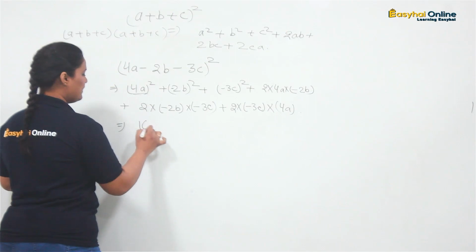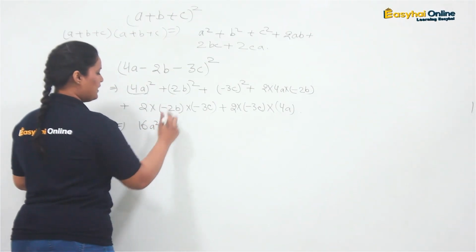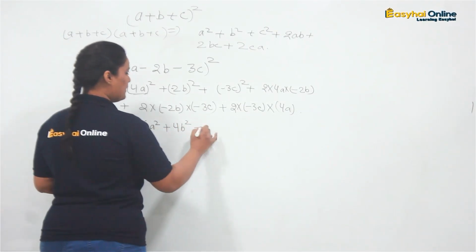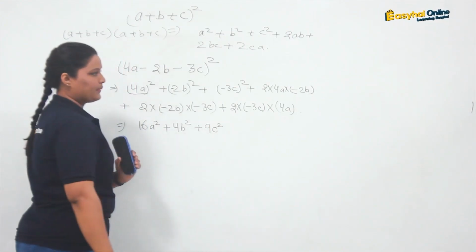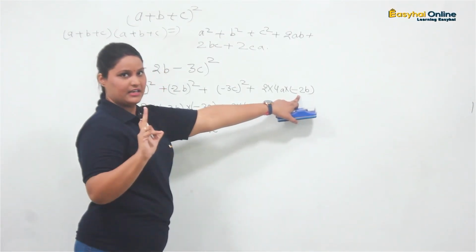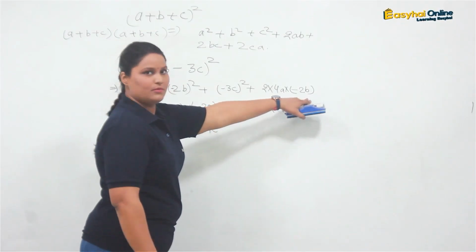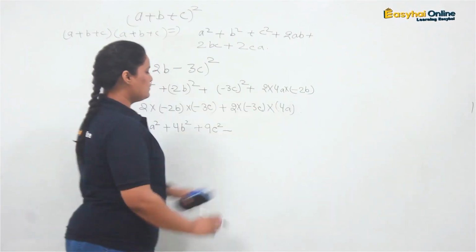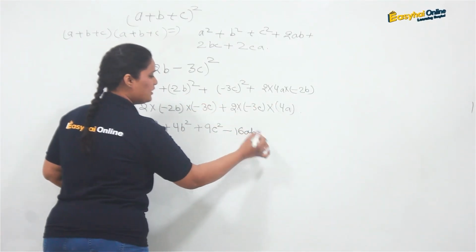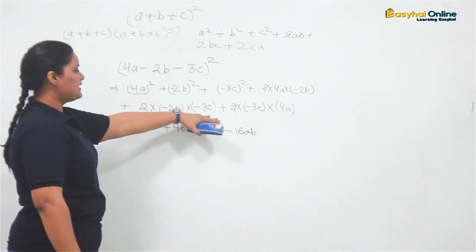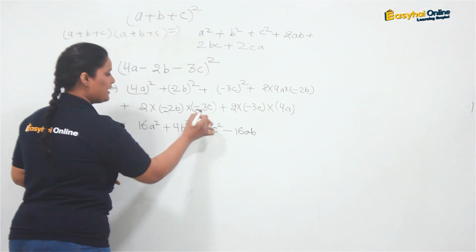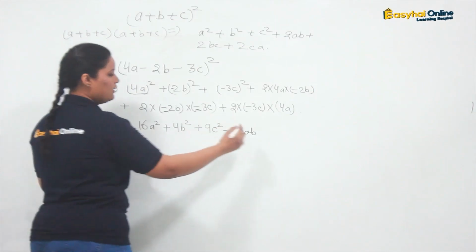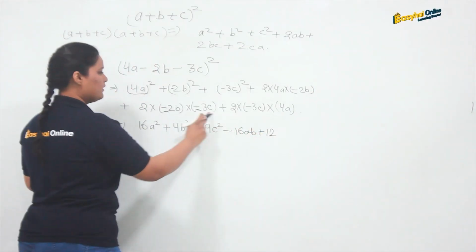Now solve this. It will be 16a square plus 4b square plus 9c square. Now the next term is having only one negative sign, so it will convert the term into negative. It will be 4 into 2 is 8, into 2 is 16, so 16ab. Okay, now the second term, minus and minus, will turn to positive. Means 2 into 2 is 4, into 3 is 12, plus 12bc.